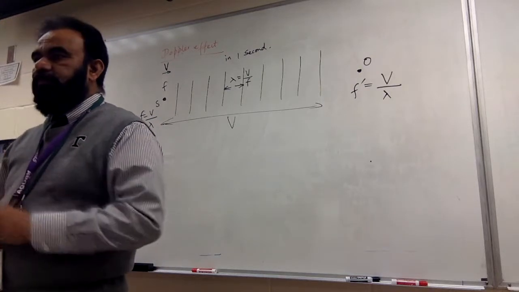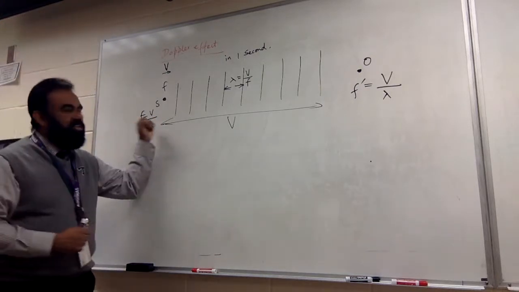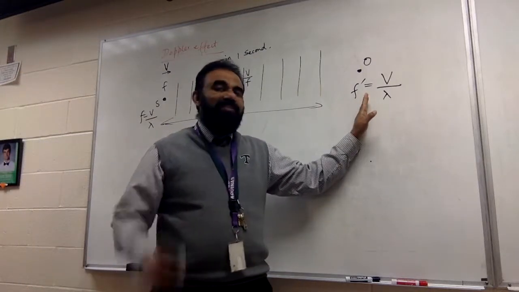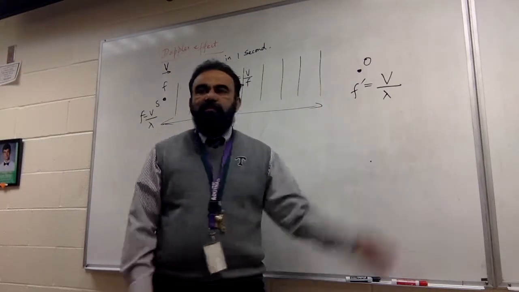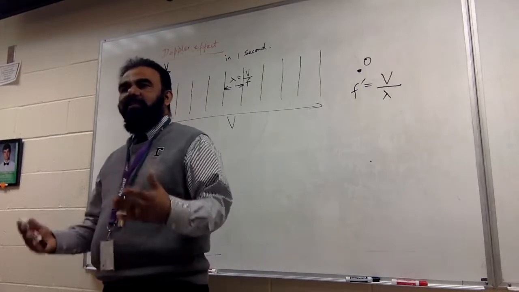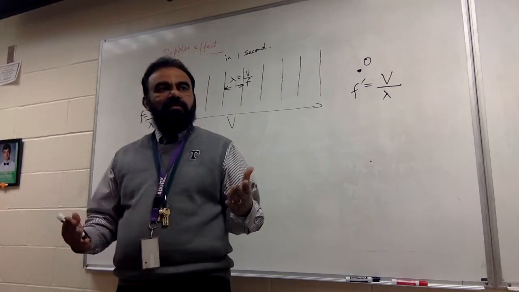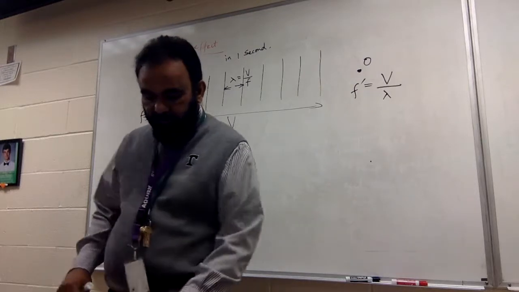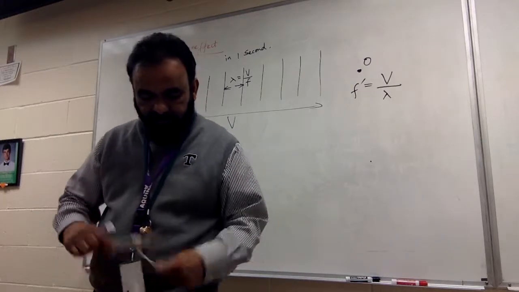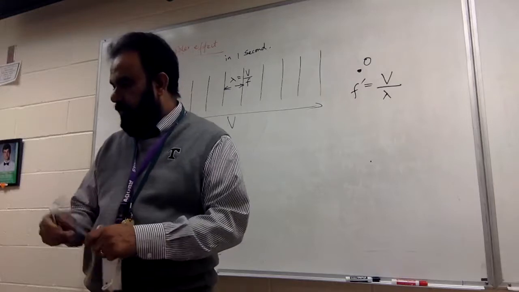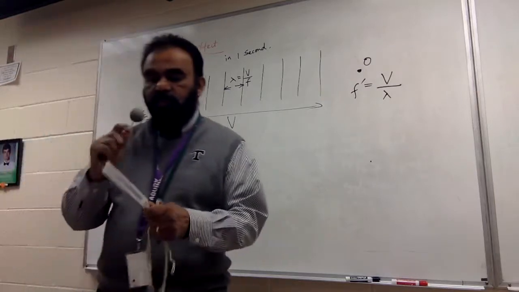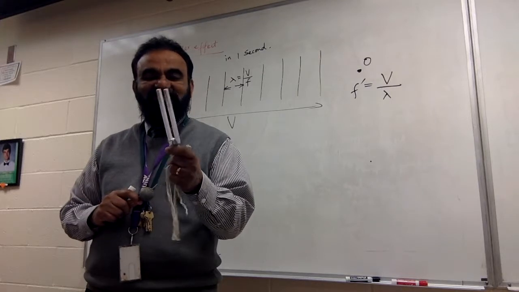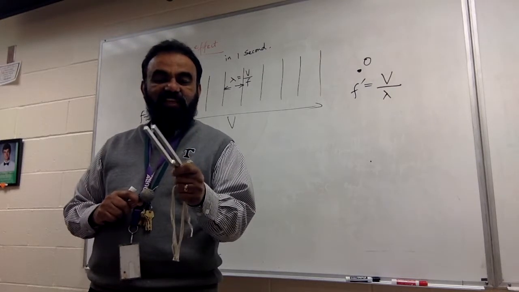You get it? So if the source is stationary, not moving, and the observer is stationary, not moving, you will hear exactly the same frequency as is generated. Okay? So the frequency that you hear right now, I'm not moving, this is 384 hertz.